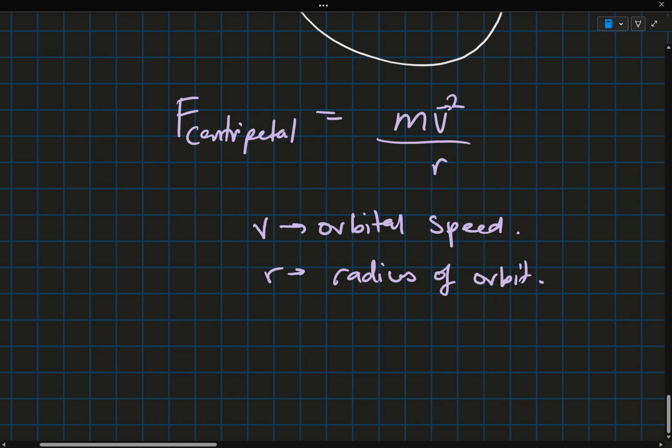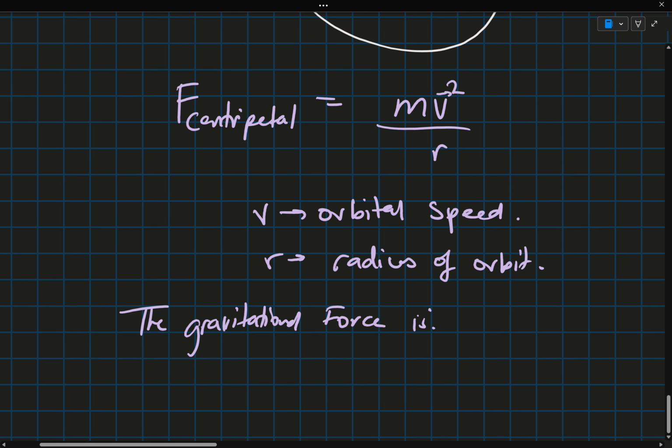So the gravitational force now, F gravity, is equal to G times the mass of an object, let's say the Earth.